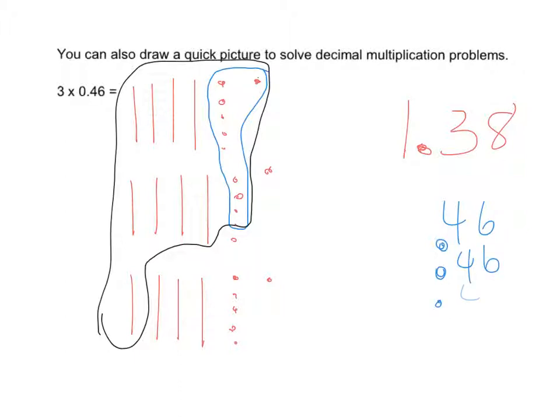Okay, this strategy reminds me a lot of if we were adding 46 hundredths together 3 times, like that. It reminds me a lot of that strategy where I'm adding together my hundredths first. So 6 plus 6 plus 6 is 18. And then I write down my 8, carry my 1.